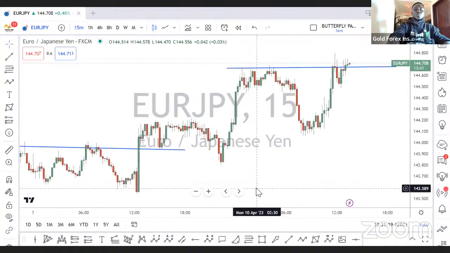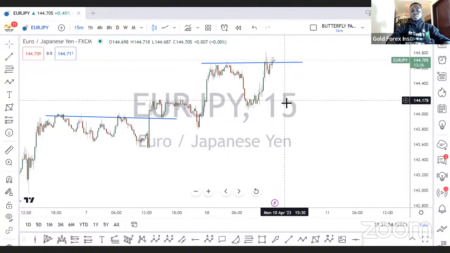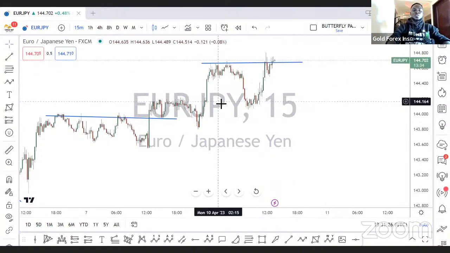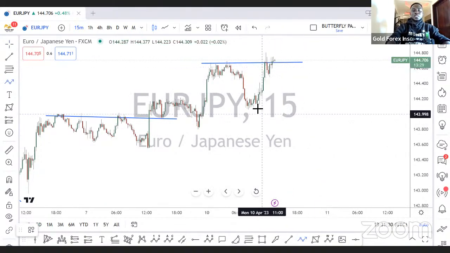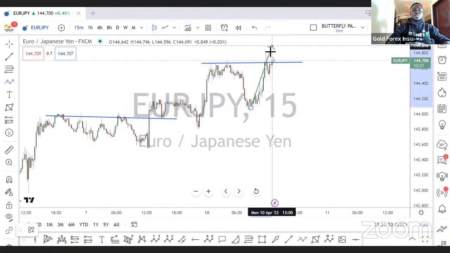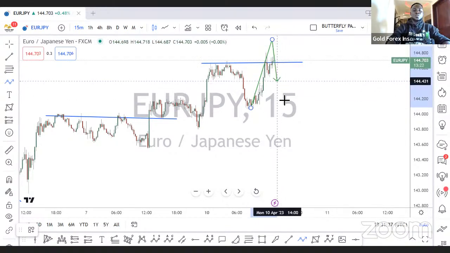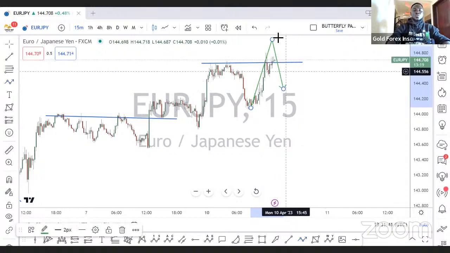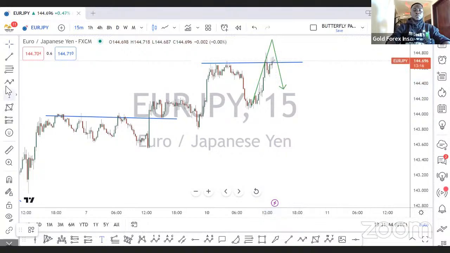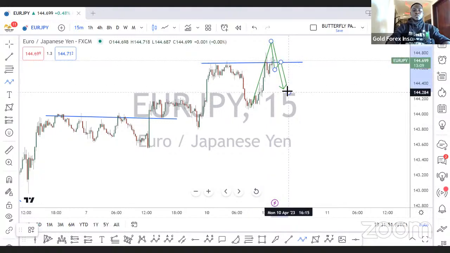You don't want to join here, because what if it comes down and continues? So this place is not a very good point to enter. You want to see it come all the way to maybe half of this move, somewhere here, and break. You can be having something like this, A, B, C, like this.